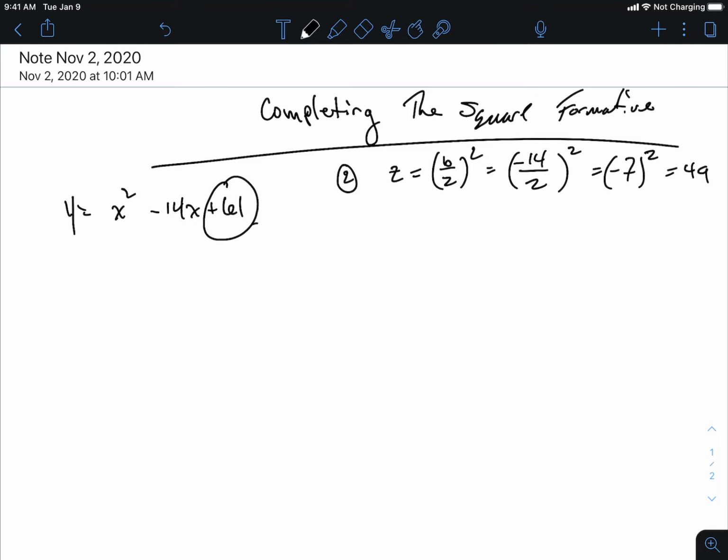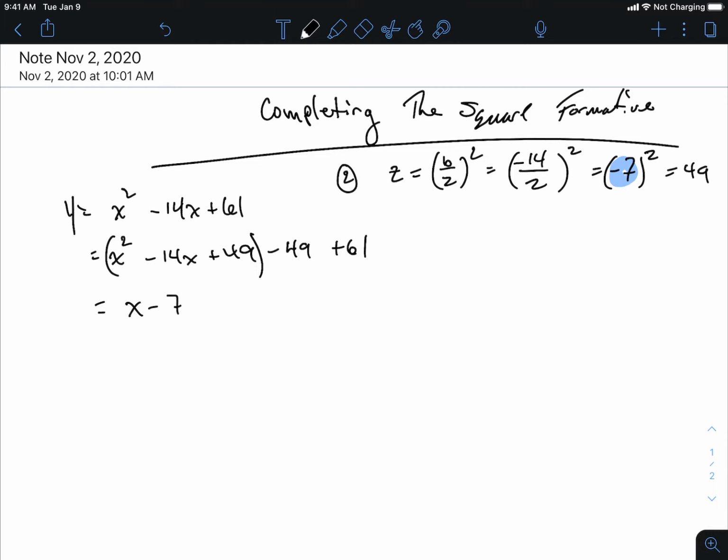I'm going to take this number and throw it away to the end. So we're going to get x squared minus 14x plus 49 minus 49 plus 61. The first 3 create a perfect square trinomial, which comes from the minus 7. A little shortcut.